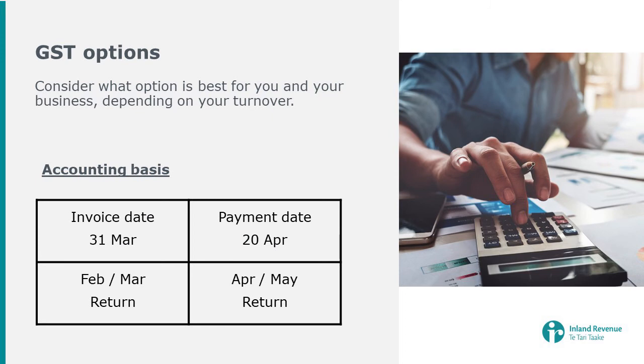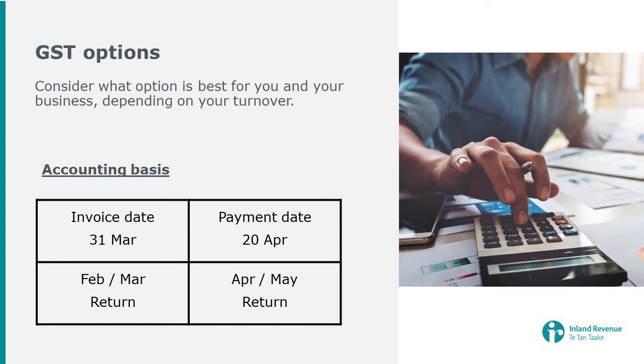Now we'll look at the accounting basis. It's an important concept to understand because the accounting basis helps you work out which GST return a transaction is included on. Let's say your filing frequency is 2 monthly, February to March and April to May. You might have an expense with invoice in one period and the payment being made in another.